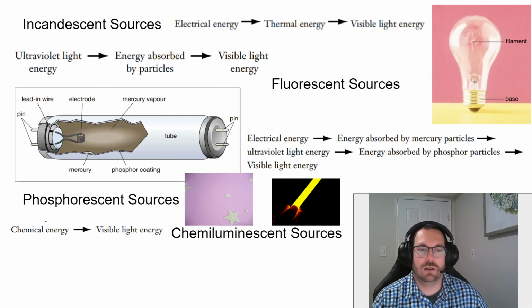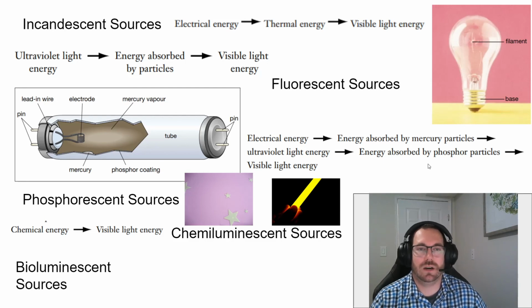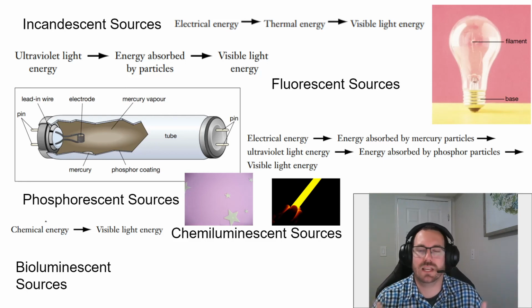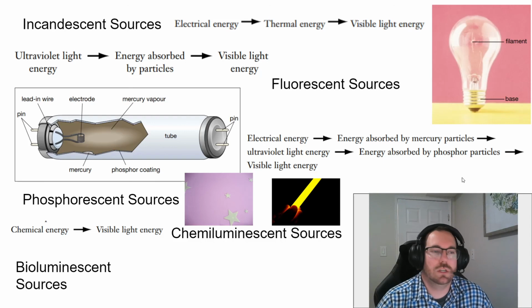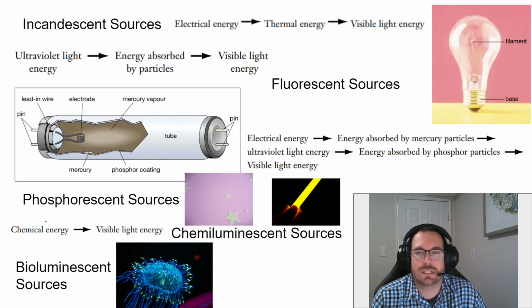Our final source of light energy that we're going to be talking about is bioluminescent sources. Now, again, like we did with chemiluminescence, chemi stands for chemical. Bio refers to life or living things. So living things that give off light. If you were moving through the darkest depths of the ocean in a research submarine, you might be surprised to see glowing creatures swimming past.